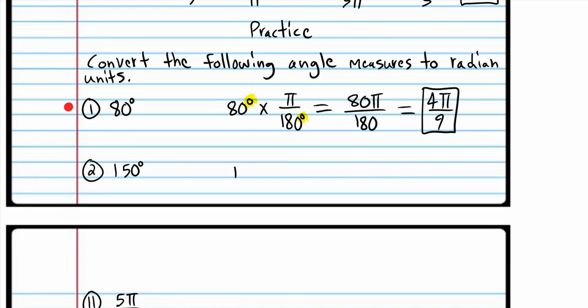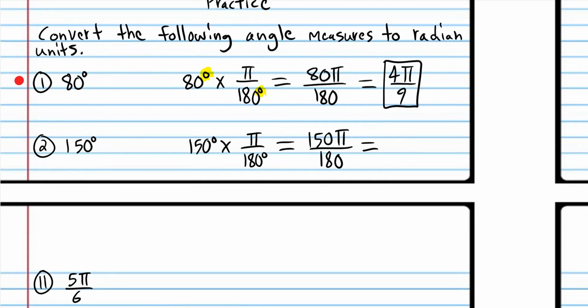So now let's convert 150 degrees to radian units. So we get 150 pi over 180. And it looks like that's going to be 5 pi over 6.